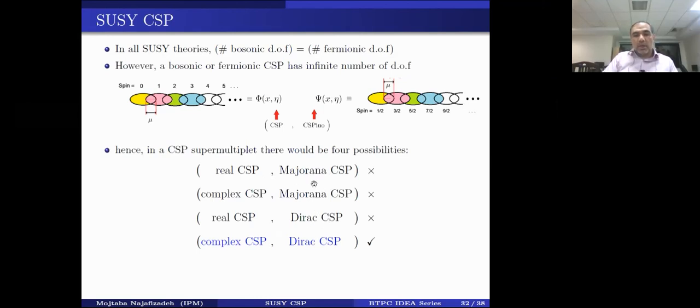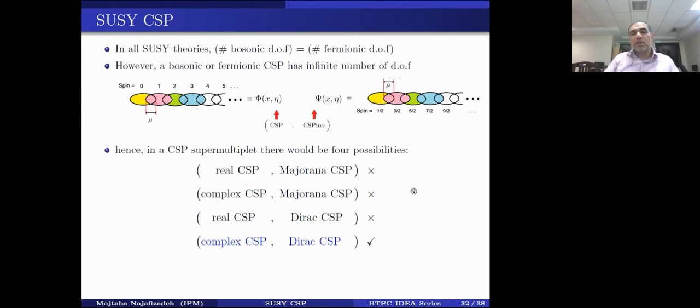Note that we didn't discuss Weyl CSP. We showed that, as you know, the massless Dirac equation can be decomposed into two Weyl equations.